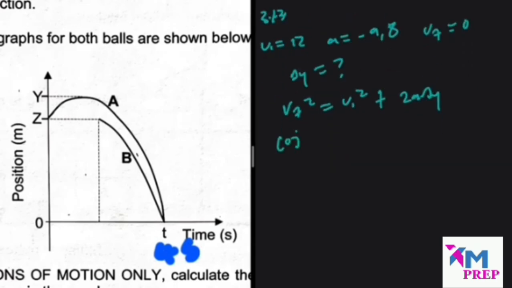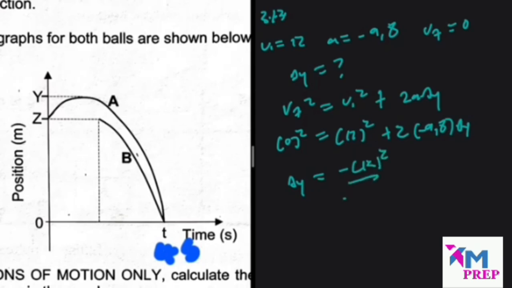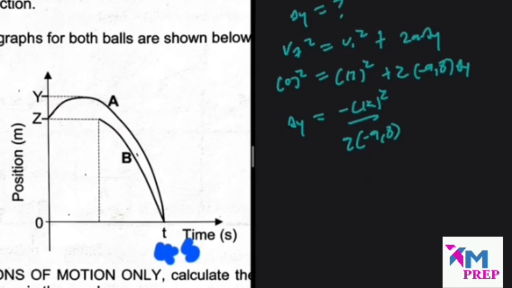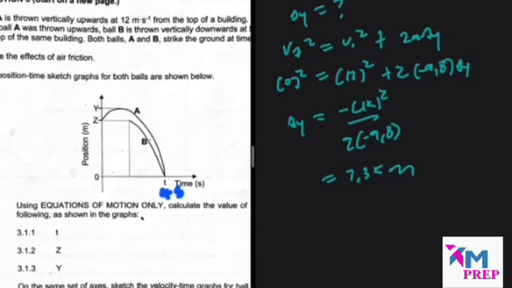So we have 0 squared equals 12 squared plus 2 times minus 9.8 delta y. So delta y is equal to 12 squared divided by 2 multiplied by 9.8, which is 19.6. This is 7.35 meters, but y is not going to be 7.35 meters.